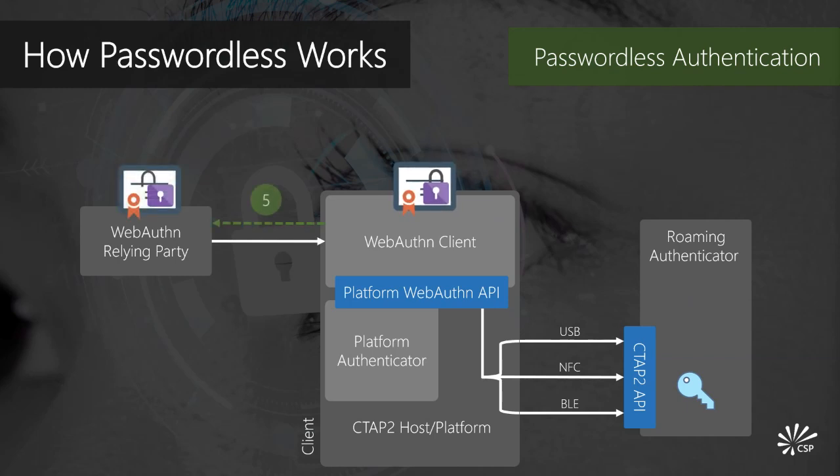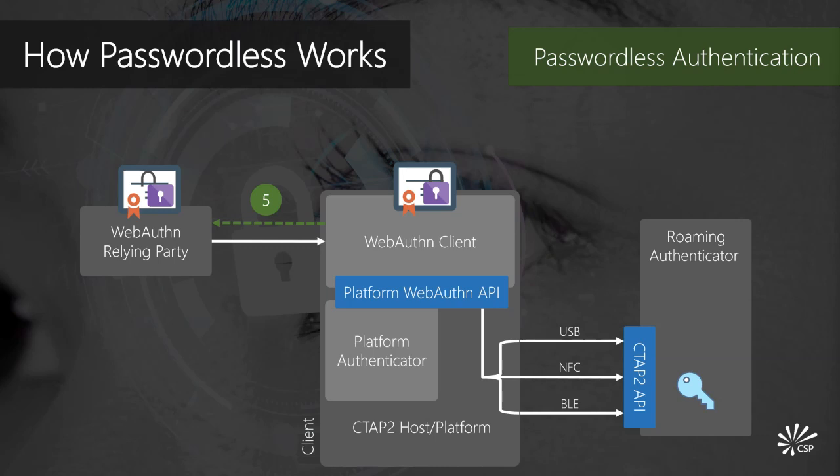Azure AD is going to see that response, and when it receives it, it's going to do a couple of things. It knows the public key associated with the credential, so it's going to use that public key to validate the digital signature on that nonce data. It is then going to validate that the nonce value matches the original nonce value that was generated at the very beginning of the passwordless workflow.